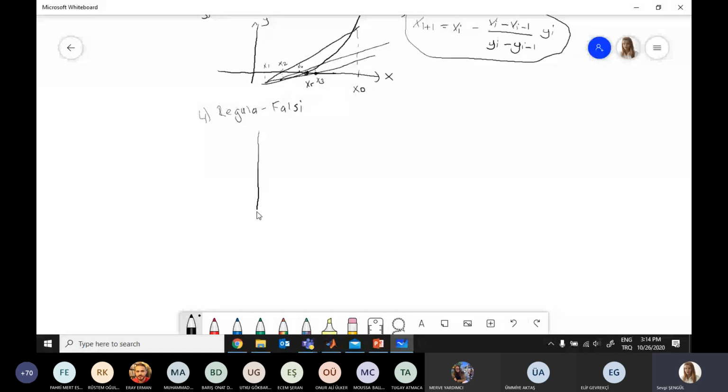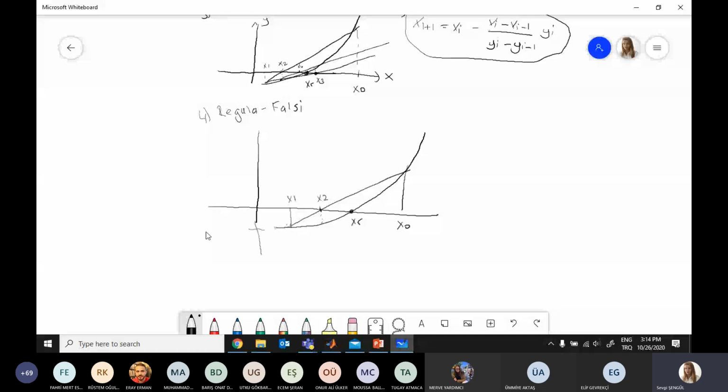What we were doing for that one, we were again starting with two starting points, x0 and x1. And just as the secant method, we were defining the secant line and finding where this line crosses the x-axis. This is your x real. But this time, you were checking the signs.